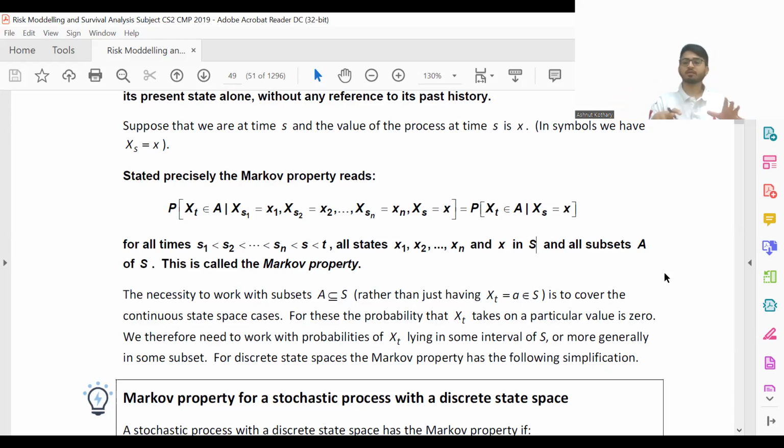So that is why, even in real life, we want the models to be Markov in nature, because just using the present set of information, you can determine what happens in the future. Also keep in mind, if even the present information is not required to determine what happens in future, then that also possesses the Markov property.